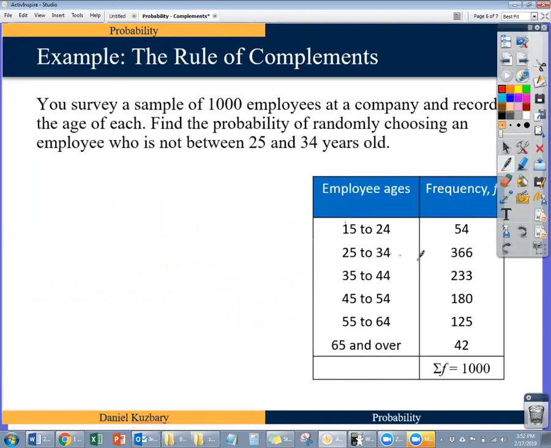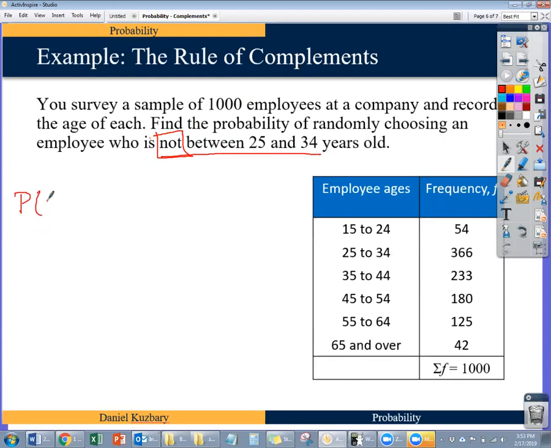I want to try to convince you that you want to use this rule of complements as much as you can. So here's a survey of a sample of 1,000 employees at a company, and we've recorded the age of each, and we're going to find the probability of randomly choosing an employee that is not between 25 and 34 years old. So here's the word not again. I'm going to use my rule of complements to get this probability.